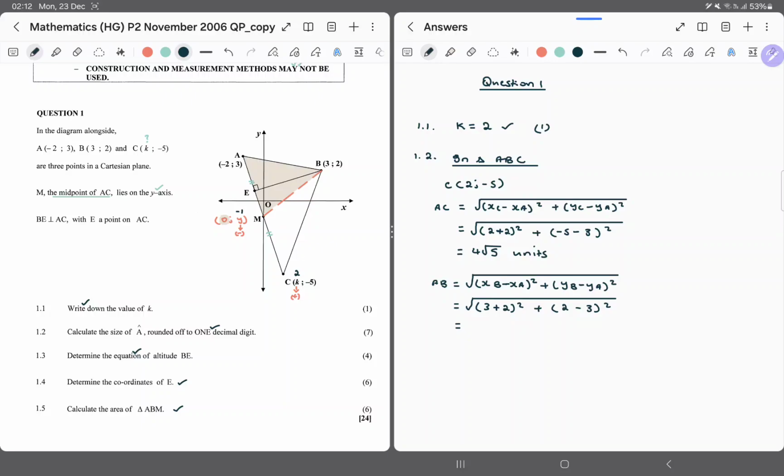Now from the above, we just change the values that we need to change. It's very easy. So we get square root 26. Okay, so that's it. And then we go and find BC.